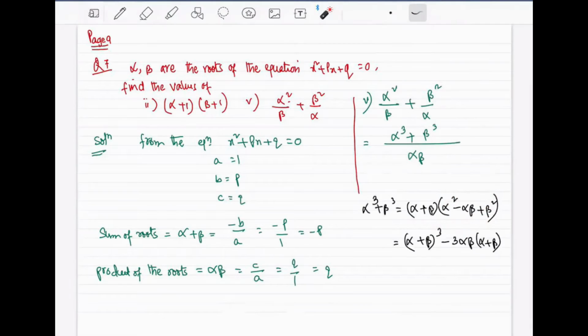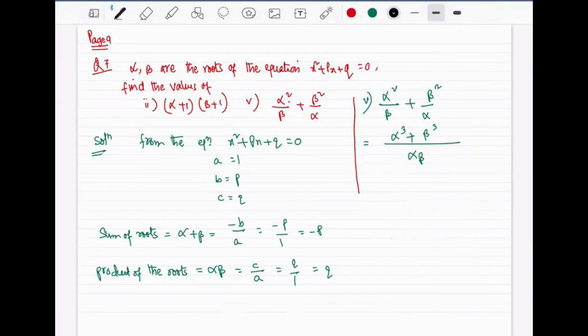So then, what are we going to use? We are going to use this. We know alpha beta, and we also know alpha plus beta, which we have already found out as minus p and q. So instead of putting alpha cube plus beta cube, we are going to replace it with this formula. Let's change the numerator.